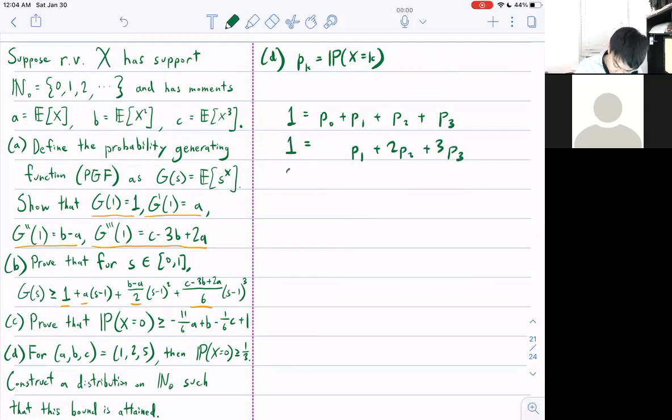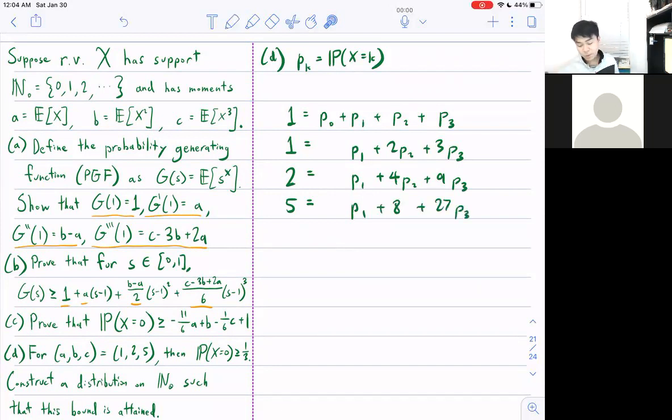Then the second moment is 2. So that gives us, again, p1 plus 4p2 plus 9p3. And then the third moment is 5. So then writing that out again, p1 plus 8p2 plus 27p3.